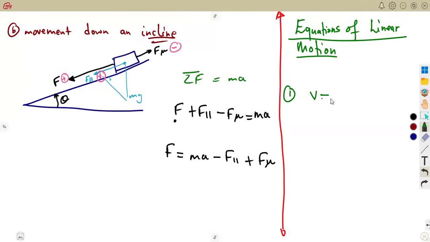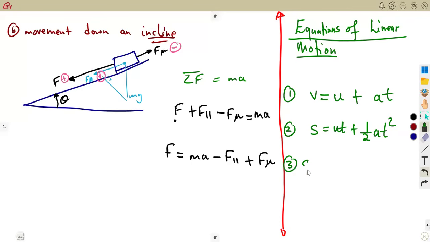So remember that V is equal to U plus AT, where V is the final velocity, U is the initial velocity, A is the acceleration, and T is the time. I'm going to write these ones later on, do not worry. Also, S is equal to UT plus half AT squared.